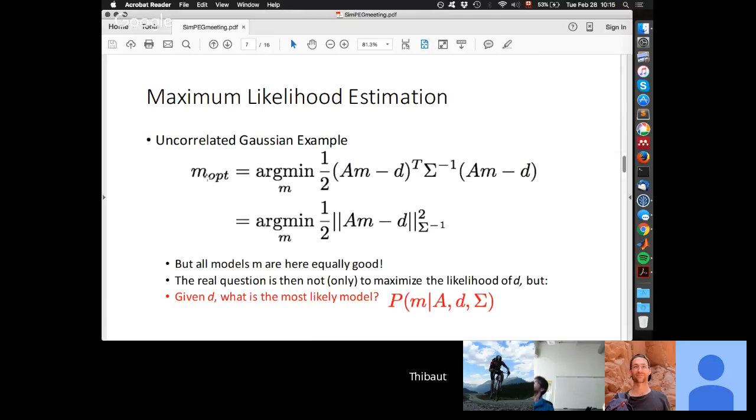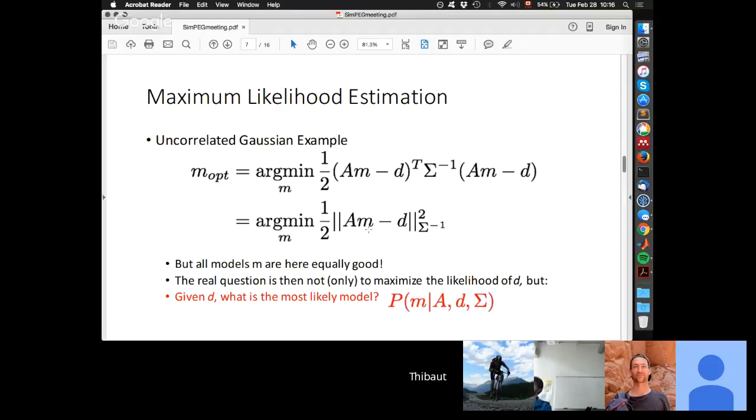That's great. If I just want to maximize the probability of the data, I have this. But the problem is that it gives us nothing about the model itself. Any model that minimizes this function is just as good. That doesn't really answer our question, because our naive approach of maximizing the probability of the data is not good enough for the model.